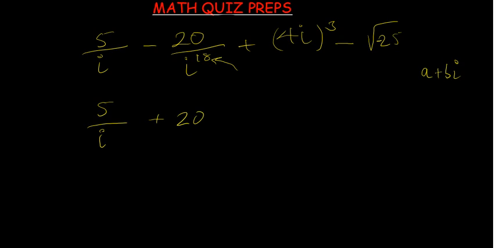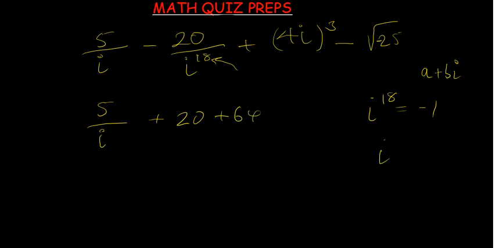Okay. Having known that i to the 18 is equal to negative 1, if we substitute negative 1 here, please, at times combining the processes, you got to make sure that what is necessary, you put it when you are solving if such a question comes. So 4 to the third power, that will be 64. i to the third power is what?